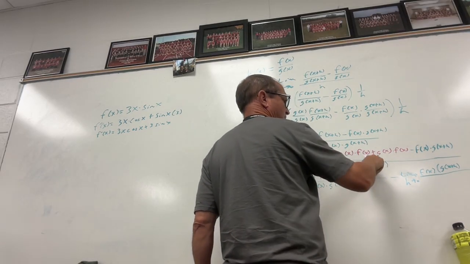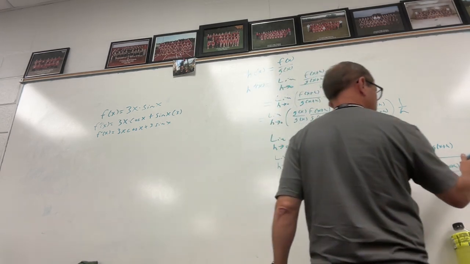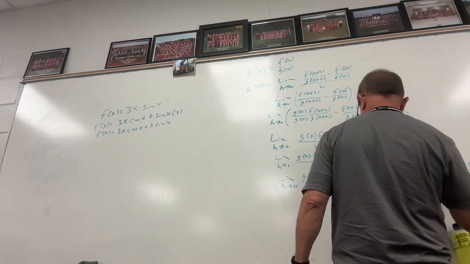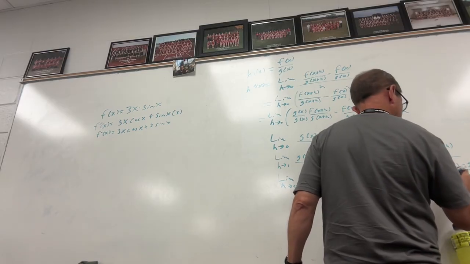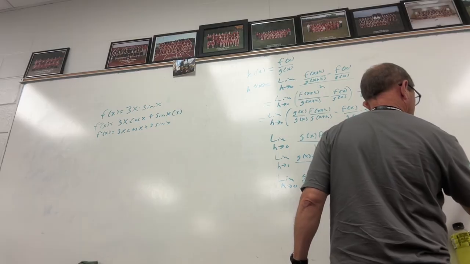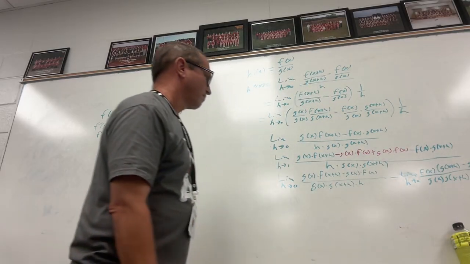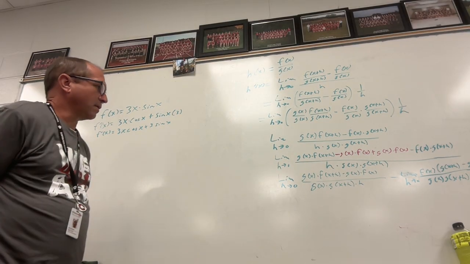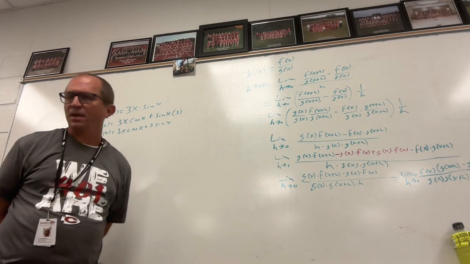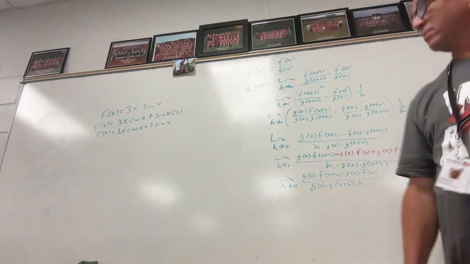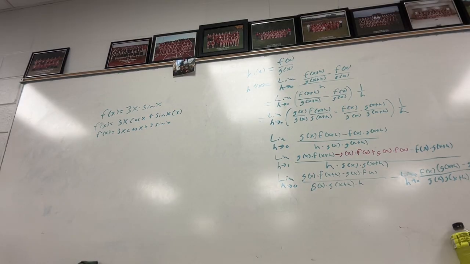And this term, again, I factored a negative out of it, so it's going to be minus g of x, all over g of x times g of x plus h times h. Is everybody okay here? Again, I'm not asking you to repeat what I'm doing. I'm just asking you to try to follow along as I'm doing it.